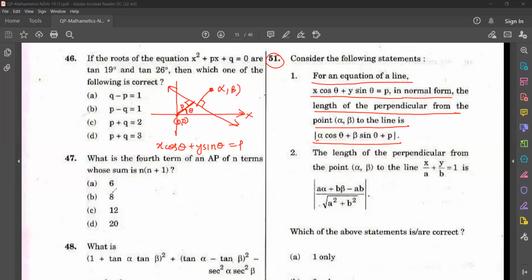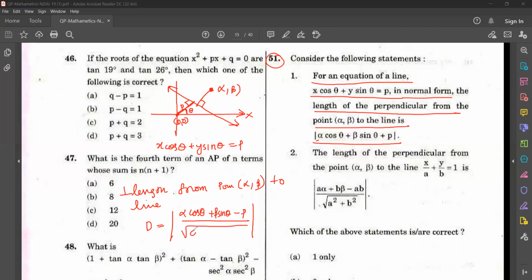What is the formula? From the normal form, how can you write it? The length of the perpendicular from point alpha comma beta to a line given in the normal form, we can write as D is equal to modulus of alpha cos theta plus beta sin theta minus p by root of cos square theta plus sin square theta.